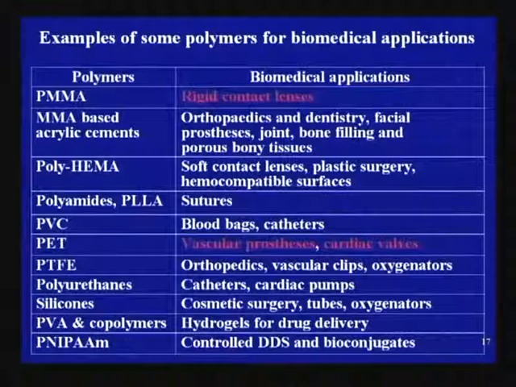Polyvinyl alcohol and copolymers for making hydrogels for drug delivery purposes, and poly N-isopropyl acrylamide, NIPAM polymer. In the last class I told you that is used for making thermoresponsive controlled drug delivery devices, as well as for bioconjugates for separation and other things.